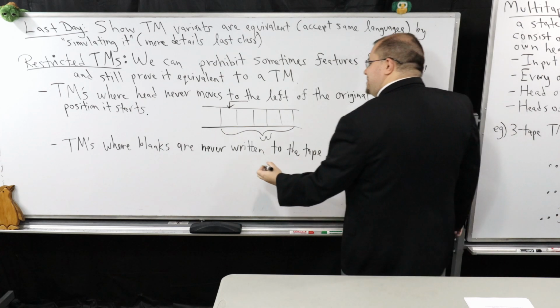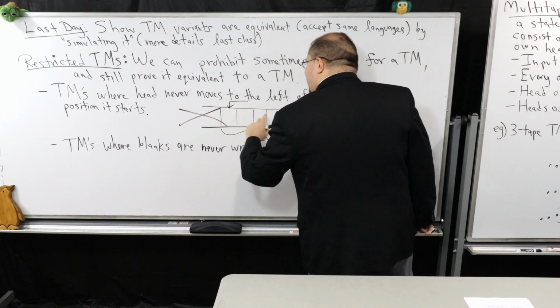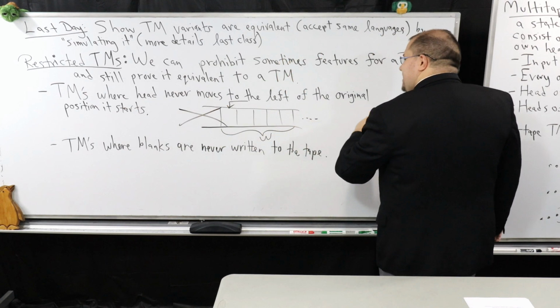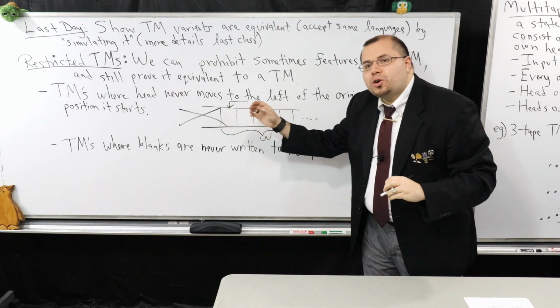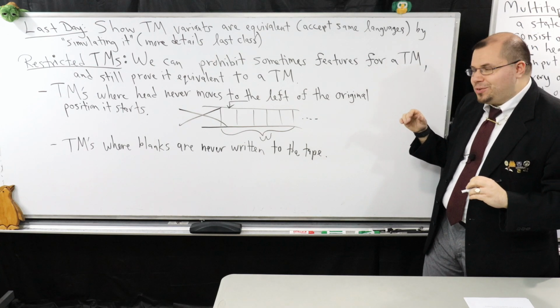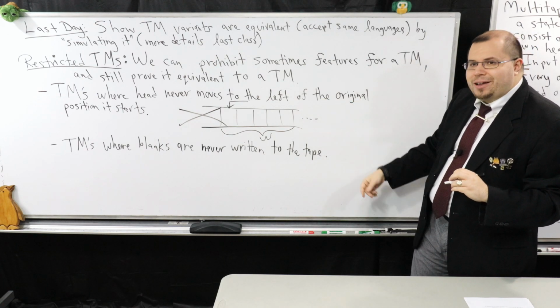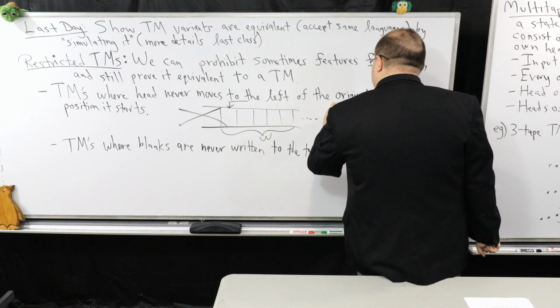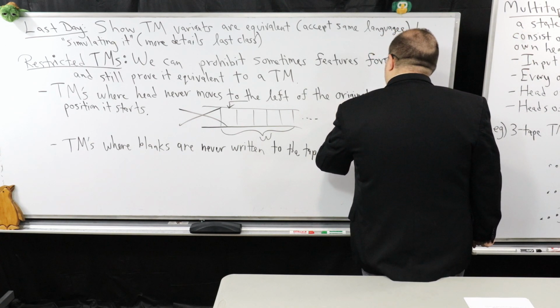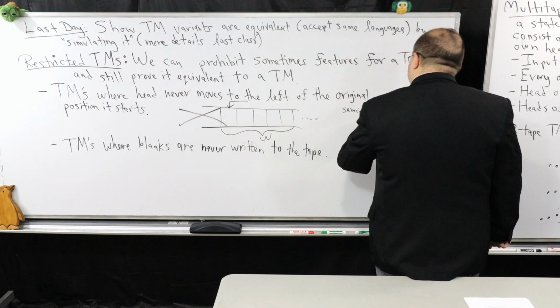What I'm telling you is that we're going to forbid it ever from going that way. It can go this way, but it never can go past this initial position. So it can go left or right, it just can't go left in that direction.